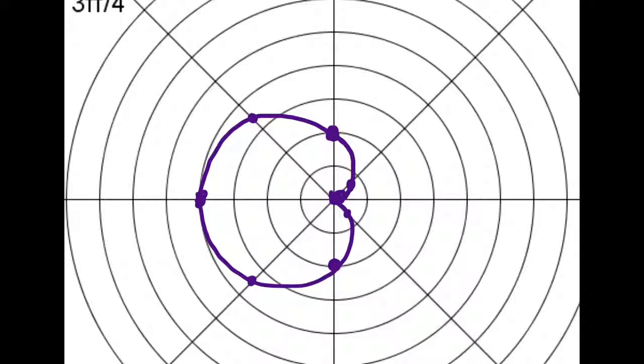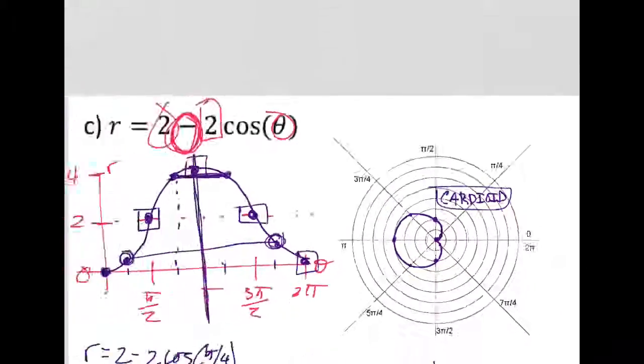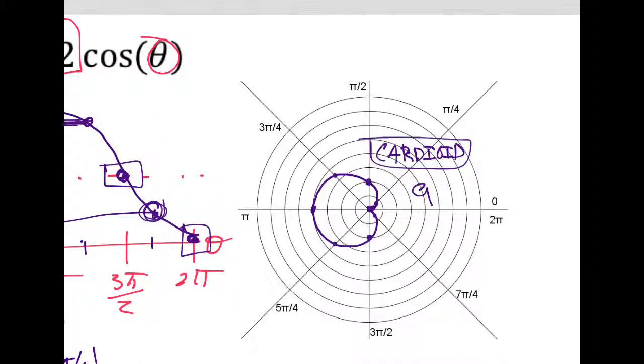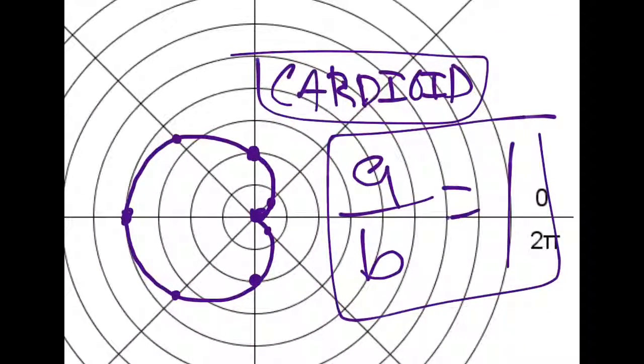I'm going to have a sharp little point there, and this is a cardioid, which is another type of limaçon. This happens specifically when A over B equals 1, when your A value and your B value are the same. Notice the 2 and the 2 there gave us this cardioid. Done.